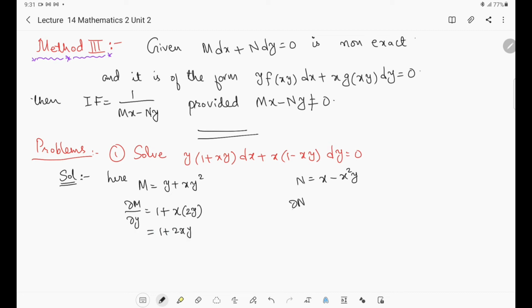Now dou N by dou x: derivative of x is 1 minus derivative of x square is 2x, then y as it is. So dou N by dou x is 1 minus 2xy. Here we are getting 1 plus 2xy, here 1 minus 2xy. So dou M by dou y and dou N by dou x are not equal.